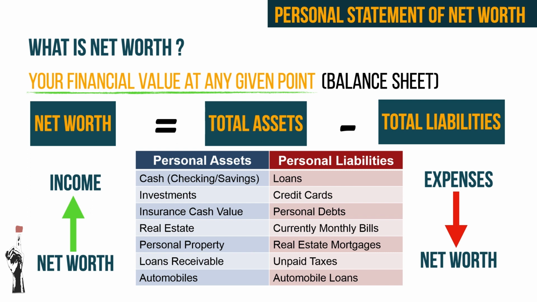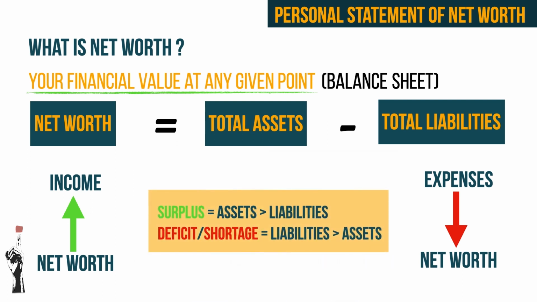You will make a surplus if your assets are higher than your liabilities, and you will make a deficit or a shortage when your liabilities are more than your assets.